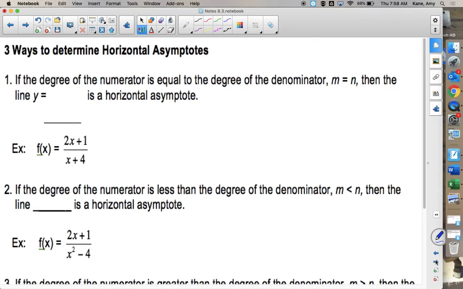The first condition we already talked about yesterday. It says if the degree of the numerator is equal to the degree of the denominator, then the line y equals A divided by C is the horizontal asymptote. This is the one that we did yesterday.